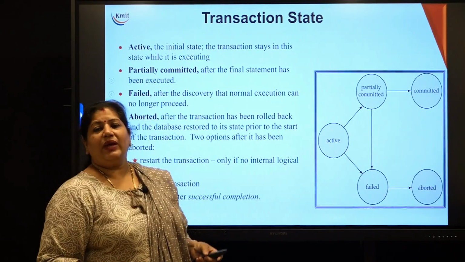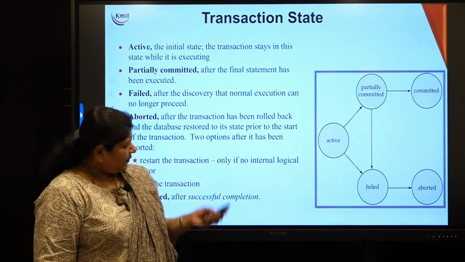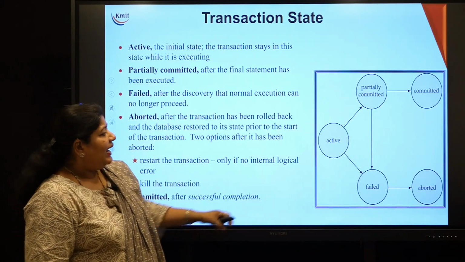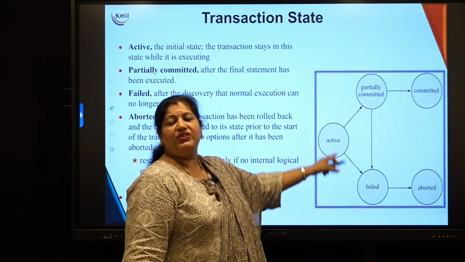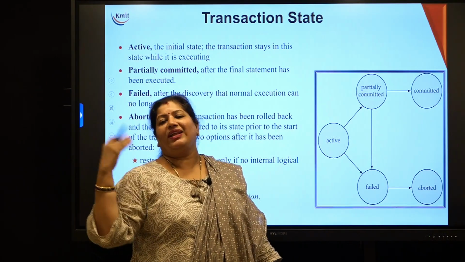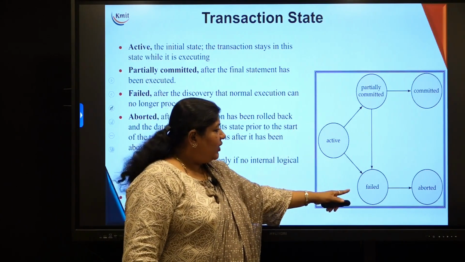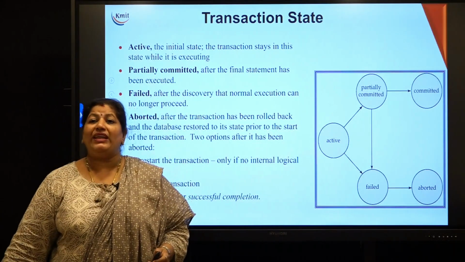We will quickly look into the different states of a transaction. When I say a transaction, it can be in any of these 5 states, or otherwise finally when you complete, the 6th state is called termination. Active, partially committed, committed, failed or aborted. What is this?